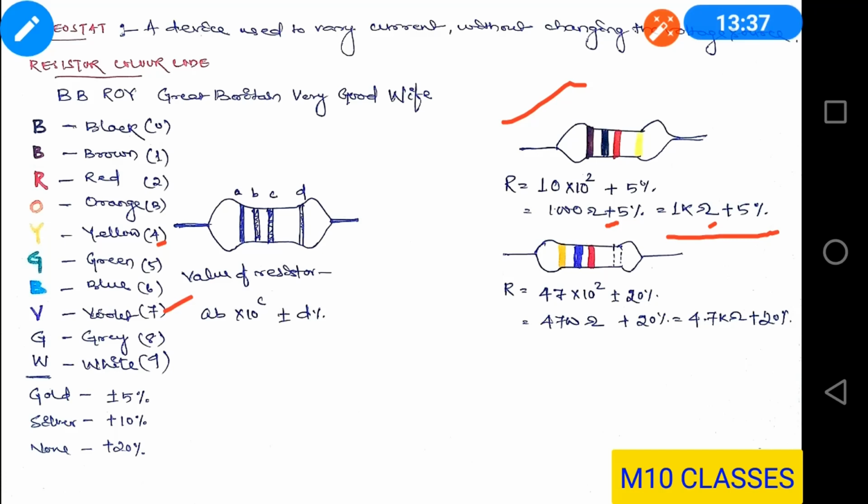So it will be 47 into 10 to the power 2, plus minus, as it is none, so it is plus minus 20%. It will give you 4700 into 20%, and that is 4.7 kilo ohm plus minus 20%. Okay, now this is how to calculate the resistances of a resistor.